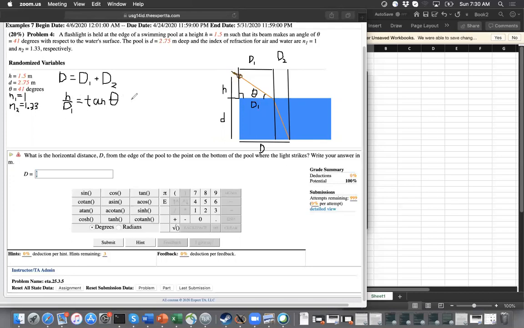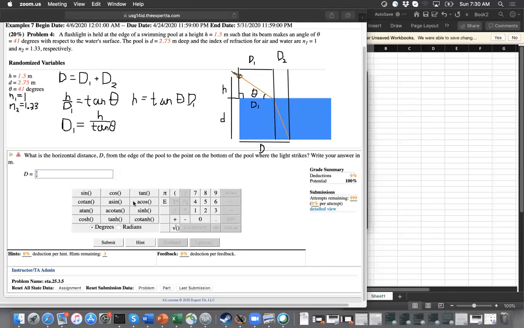So first thing we do, we multiply both sides by D1, we get h equals tan theta times D1, and then you divide by tan theta, and you get the expression D1 equals h over tan theta.